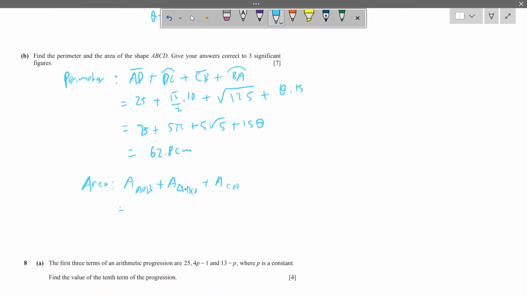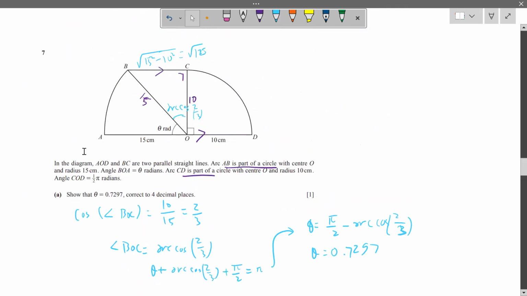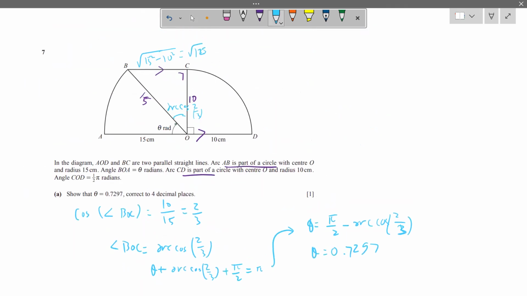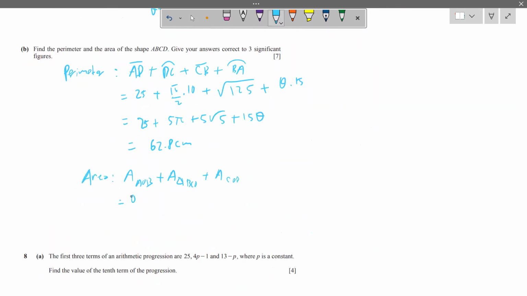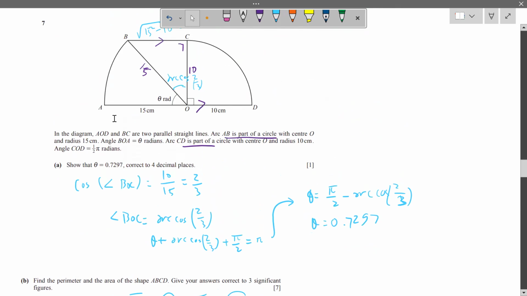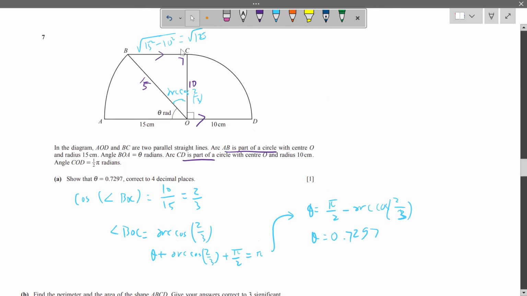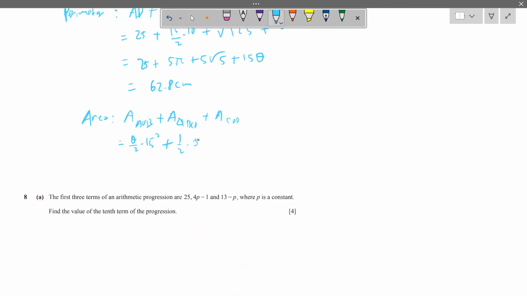So the area of AOB here is theta over 2 times r squared, in this case r is 15. So theta over 2 times 15 squared, plus the area of BCO is 1/2 times the base and the height of this triangle, where the base is square root of 125 and the height is 10. So we have 5 square root of 5 times 10. And then you have the area of COD, which is a quarter circle.